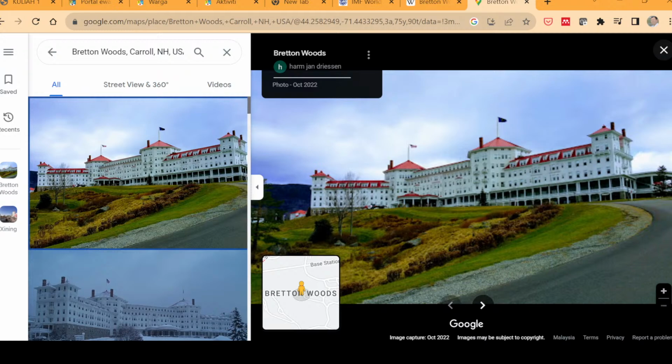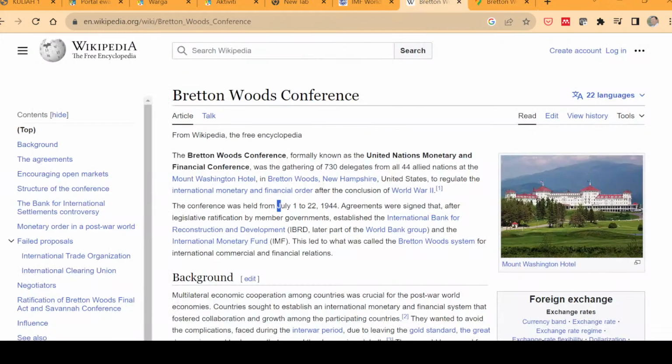Who met there? Yes, I'm correct. 44 countries gathered there to regulate the international monetary and financial order after the end of World War II, from July 1 to 22, 1944.